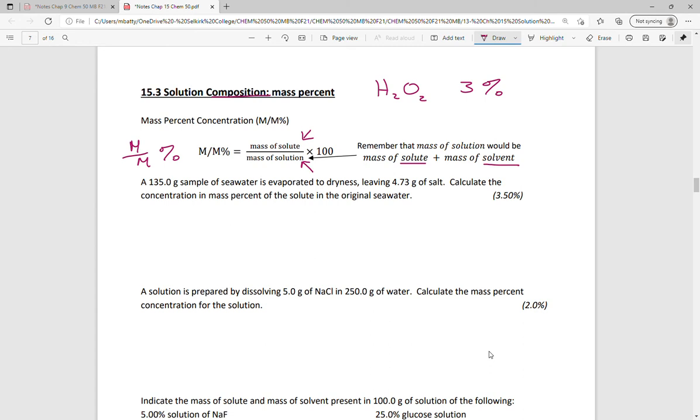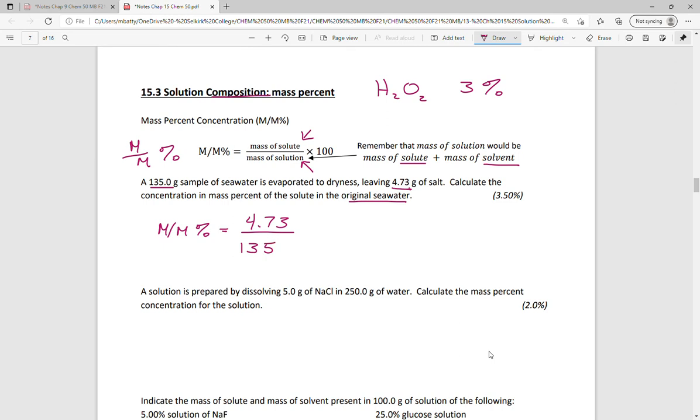This one says a sample of seawater has a mass of 135 grams and it's evaporated to dryness, leaving 4.73 grams of salt. Calculate the concentration in mass percent of that original seawater. So mass percent would equal the mass of the solute, in this case the mass of the salt, divided by the mass of the entire sample, right?